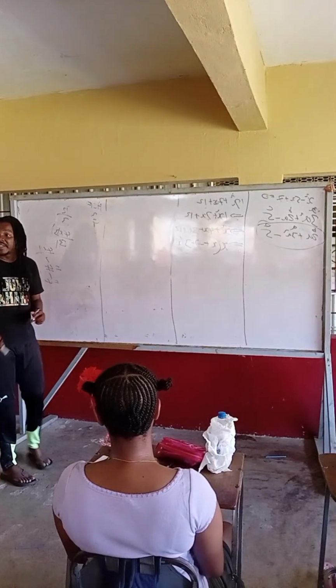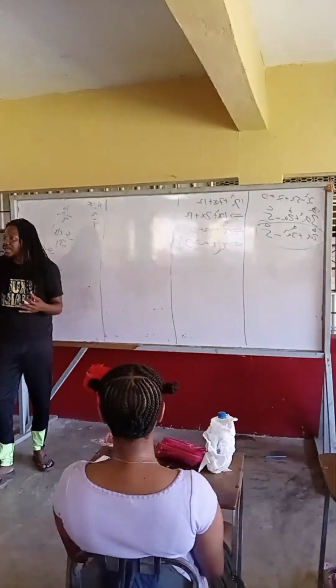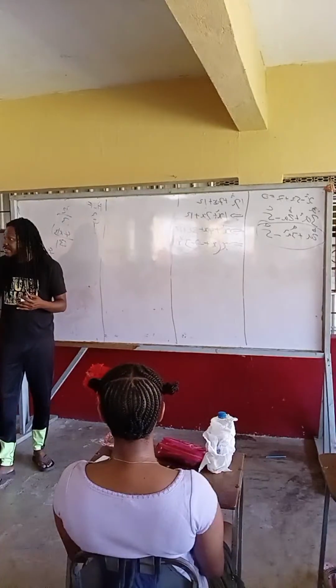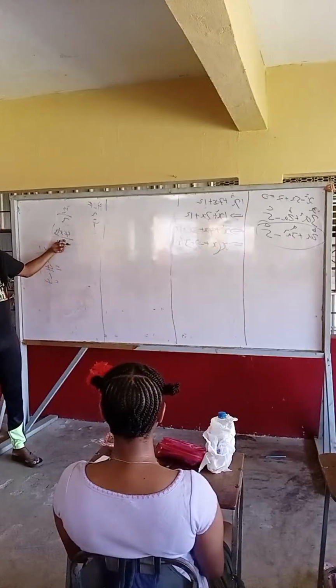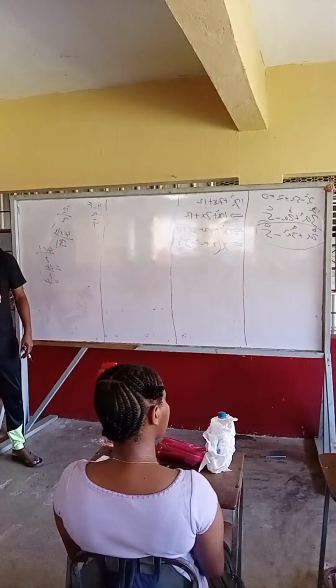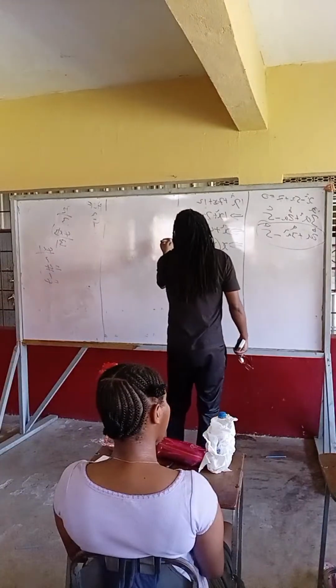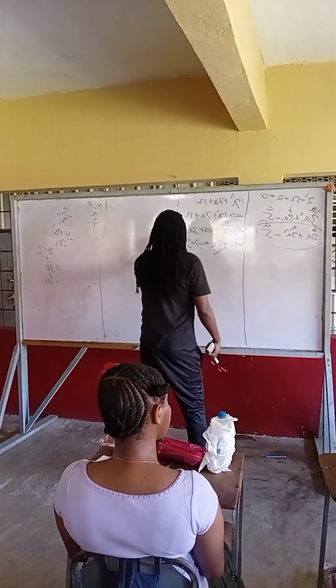You see the principle of it? So when I treat x, I treat it just like a number. Everybody understand that? Because 3 times 4 is the same as 12. Everybody see that? Okay. So that you know what? Plus 4.